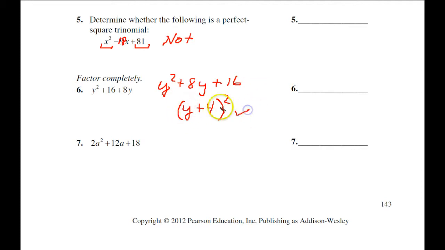And it does check. Now in number 7, you're looking to see that, is there a common factor? Yes, we can't forget that. So we put the 2 out there. Then it becomes a squared plus 6a plus 9. Now this is a perfect square trinomial.